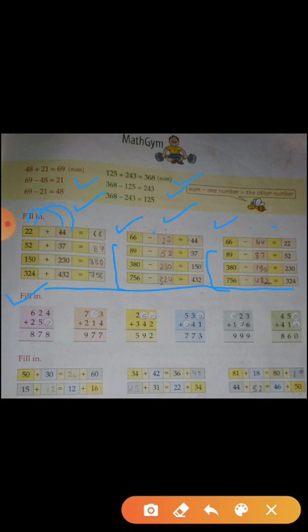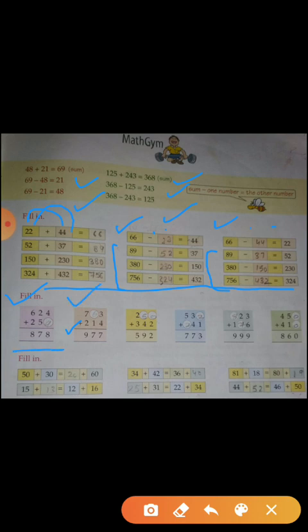Now search for the missing number. 8 minus 4, you will get 4. Write it in the space given. 4. 2 plus 5, 7. Now add the hundreds. 6 plus 2, 8. The answer is 878.